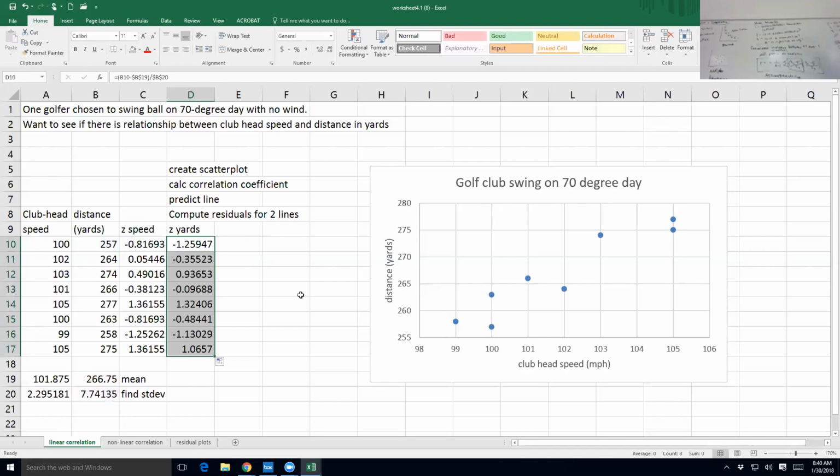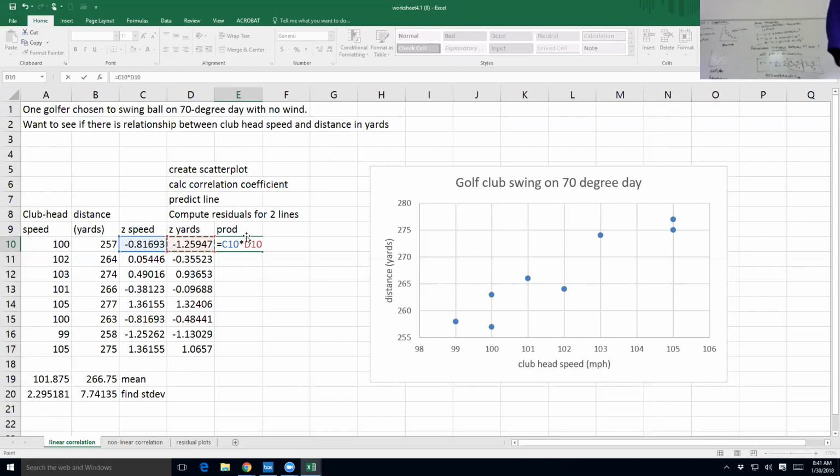So step number 4 is what, Chuck? I'm going to find the product here. Tell me what to multiply. The z speed times the z yards.